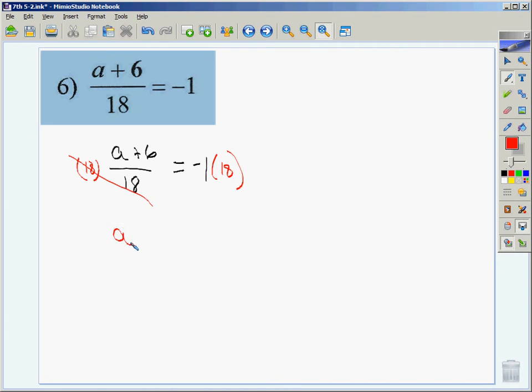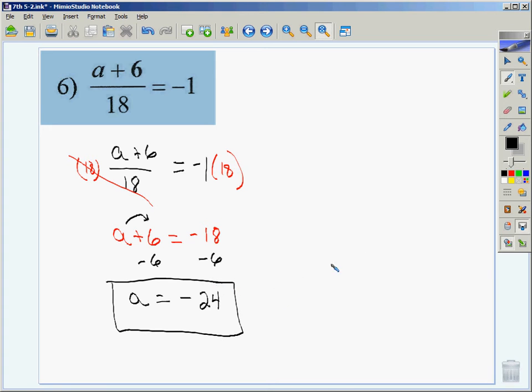It's going to leave me a plus 6. Negative 1 times 18 is a negative 18. How do I get rid of addition? If they both have the same sign, what am I going to do? Keep the sign and add them together. Negative 24.